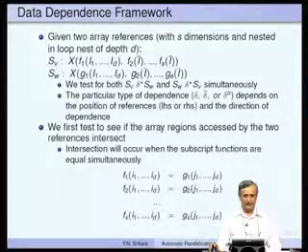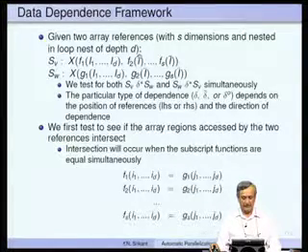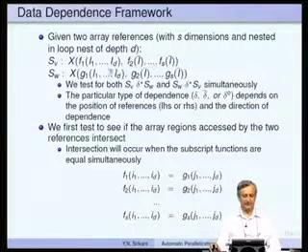So, if you look at the loop, let us say the loop nest is of depth d. There are two statements SV and SW, and both of them have an array reference each. The first array reference is x with the subscripts being f1, f2, f3 etcetera, each of which is a function of I1 to ID, the loop counter values.